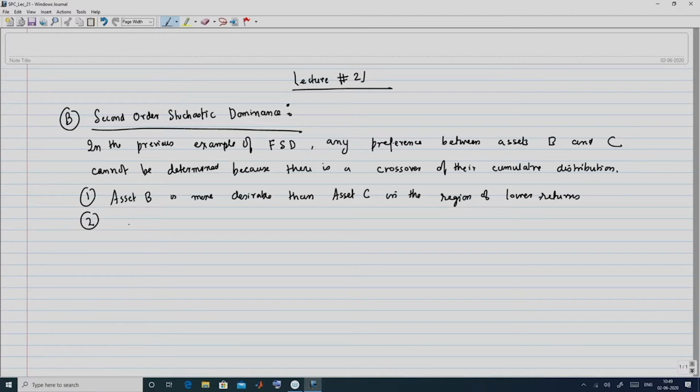And the second observation is that asset C is more desirable than asset B in the region of higher returns.